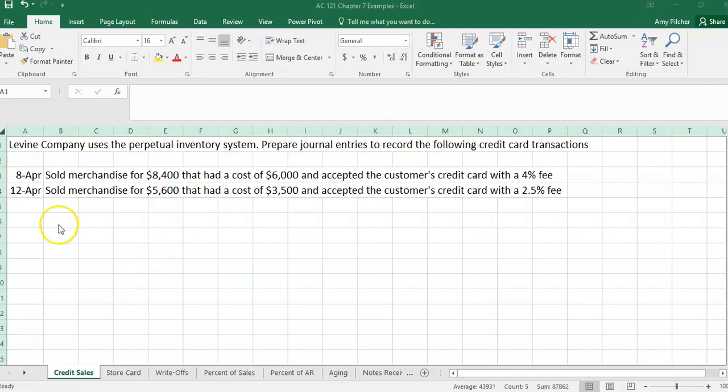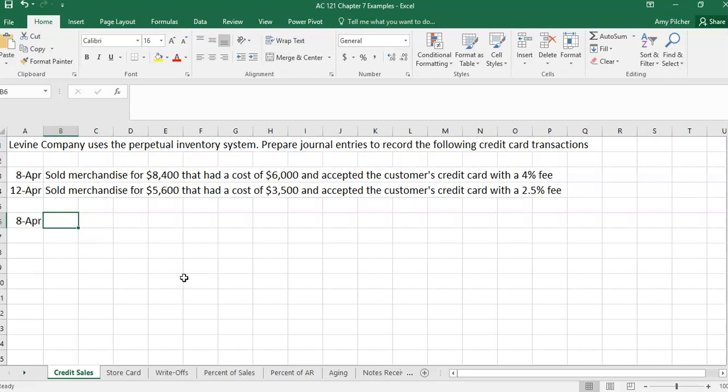So we have a customer that paid on April 8th. We sold merchandise for $8,400 that had a cost of $6,000, and we accepted the customer's credit card with a 4% fee. So we received cash from the credit card company in exchange for a 4% fee that we give them.